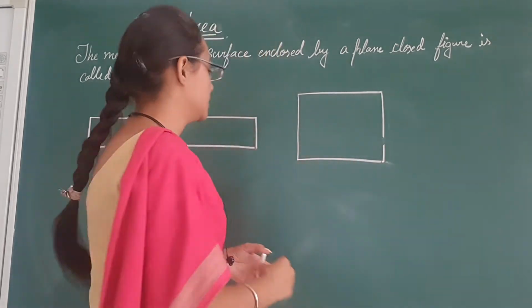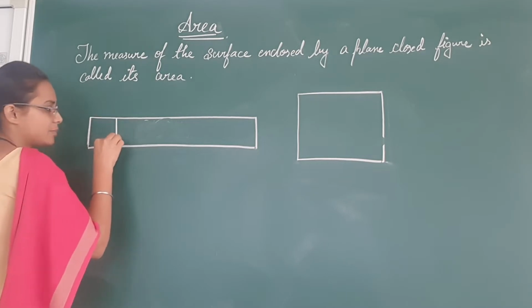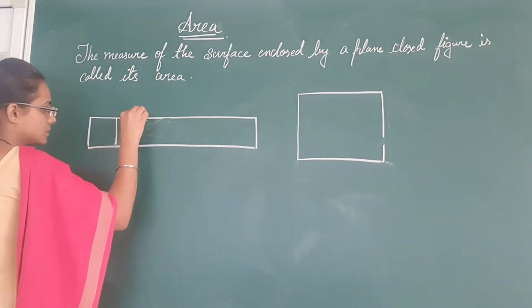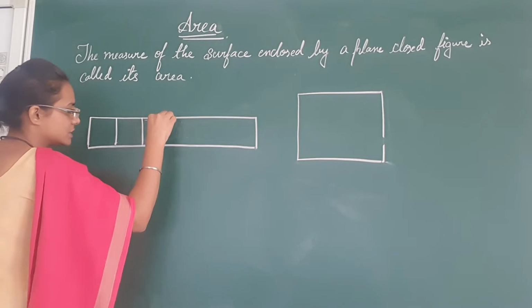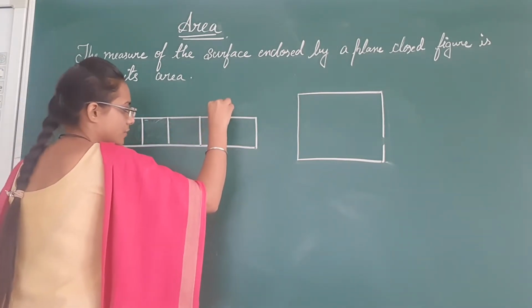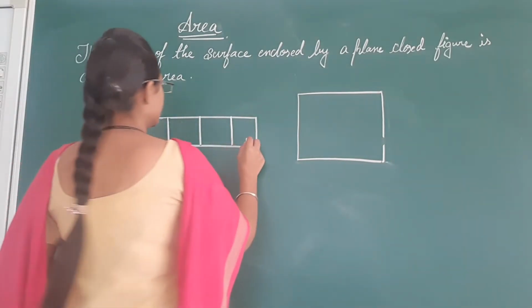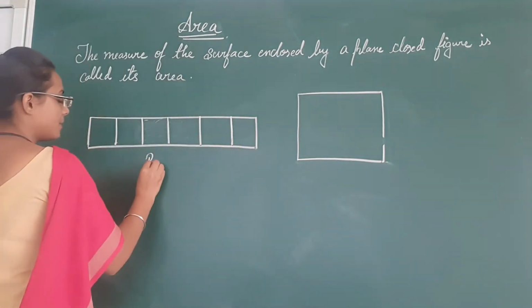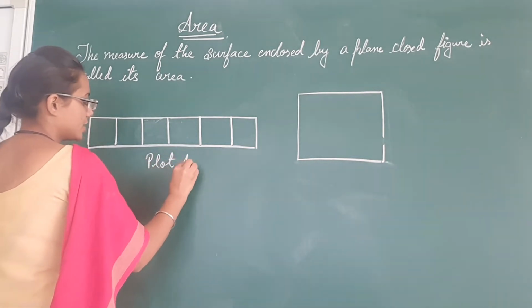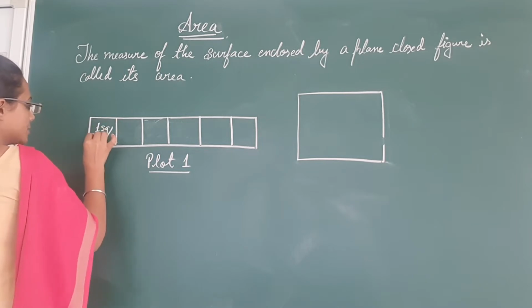In the first one, he put square tiles: 1, 2, 3, 4, 5 and 6. So this is plot 1. Each tile is 1 square unit.